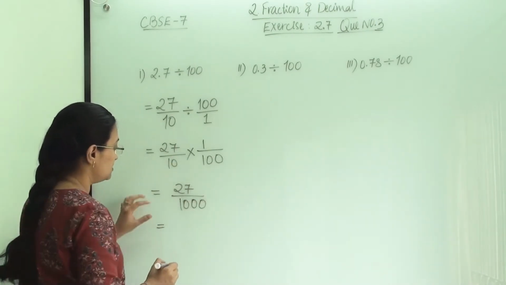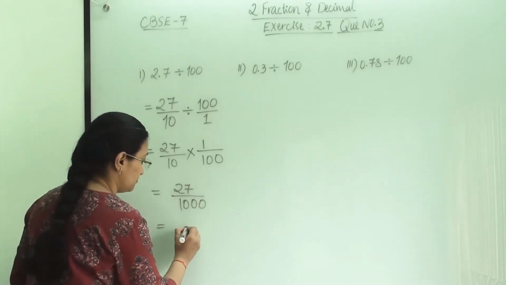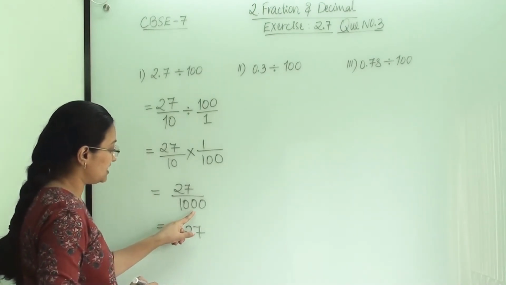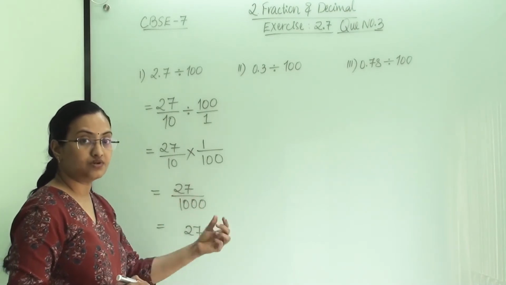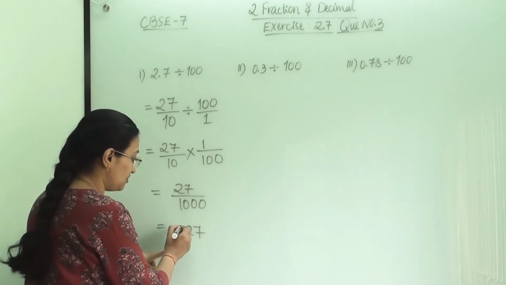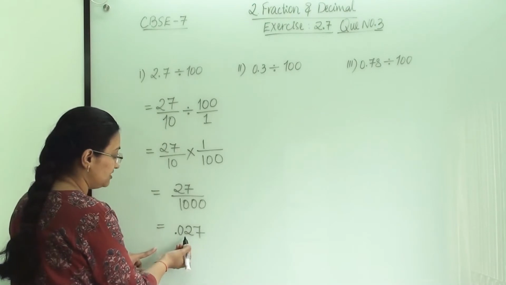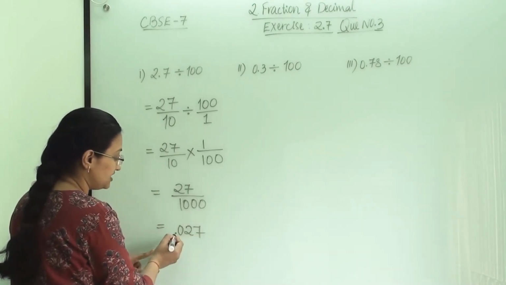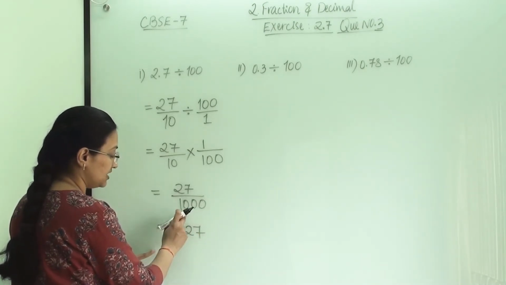Now we need to convert this fraction into its decimal form. First we write this number and check how many zeros are there in its denominator. 3 zeros are there, so we have to count 3 numbers from the right side. 1, 2, and since there is no number, we put a 0 here and then the decimal point, because there are 3 zeros in its denominator, 1000.